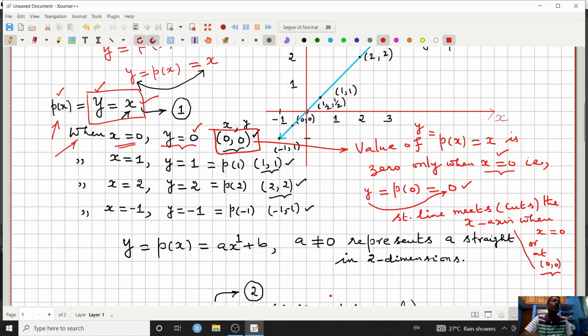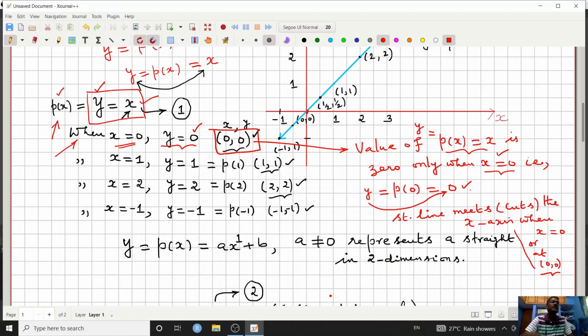So what is the 0? The geometrical meaning of 0 of a polynomial is that the polynomial y is equal to p of x is equal to x becomes 0 when x is equal to 0. Only then does the corresponding straight line meet or cut the x-axis.